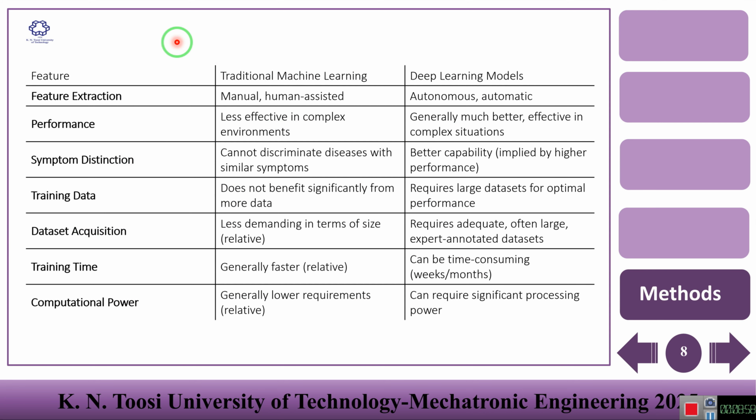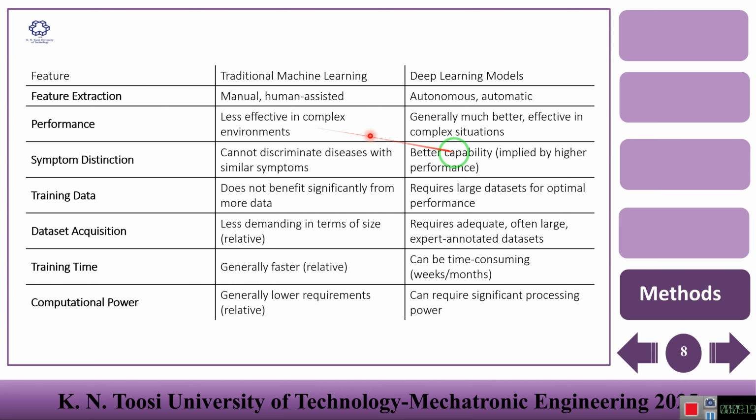There are generally two groups of methods being used when it comes to smart agriculture. The first one is machine learning, and the second one, as we mentioned, is deep learning methods.